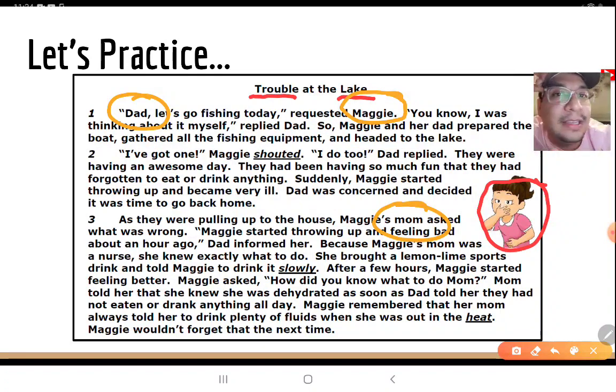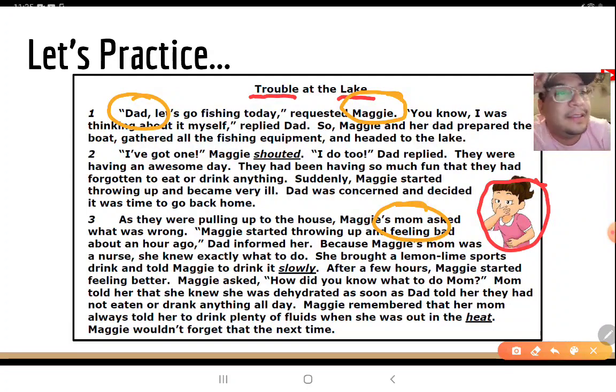Remember, she did not eat and she didn't drink anything the whole time she was outside. And that's something we can learn. We know the problem was she was throwing up and felt sick because she was outside in the heat. So she will next time.